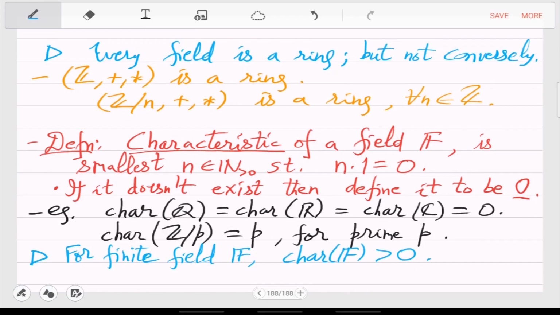So as long as the field is finite, there is always a characteristic. There is always a smallest positive n such that n is 0. What is the proof? Exactly. Yeah.